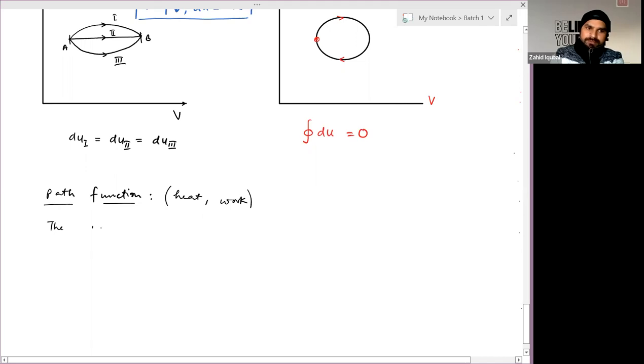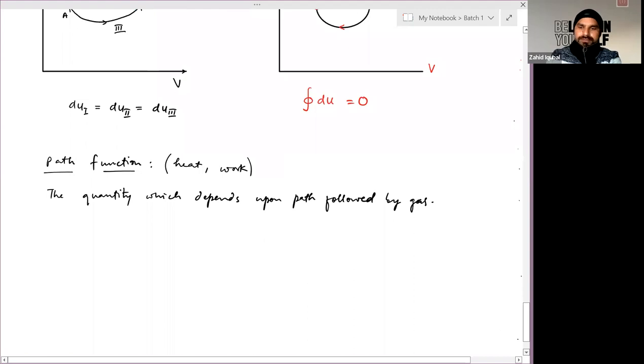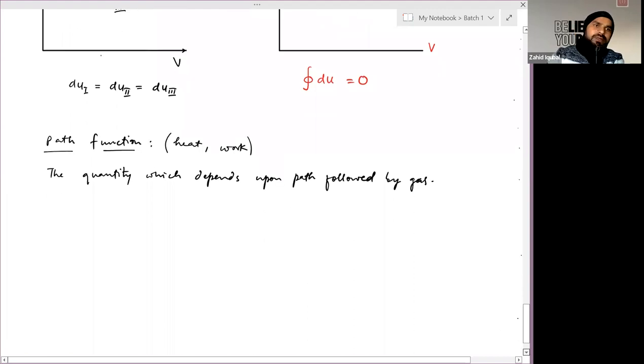The quantity which depends upon the path followed by the gas will be independent of initial and final point. That is called path function.